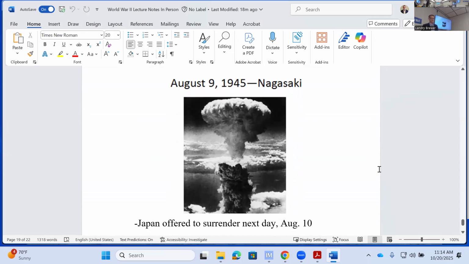And Japan offered to surrender the next day, August 10, 1945.